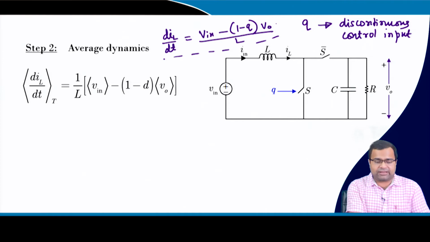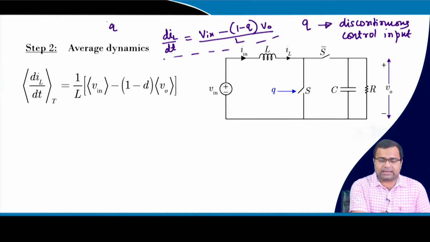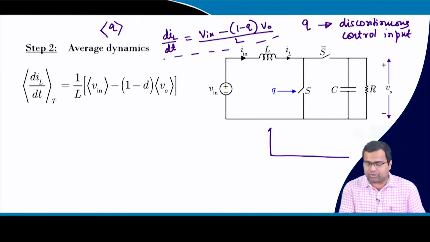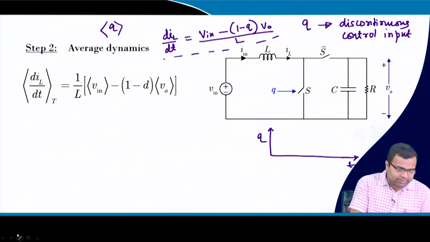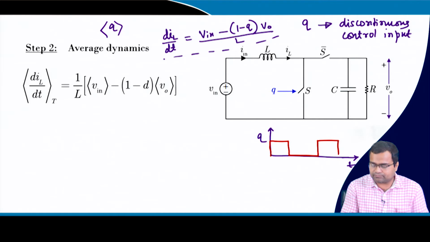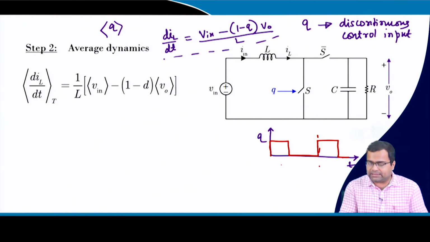But if we average over a cycle, then if you draw the Q waveform, it is a gate signal, a periodic signal with a duty ratio D, so it is D into T.